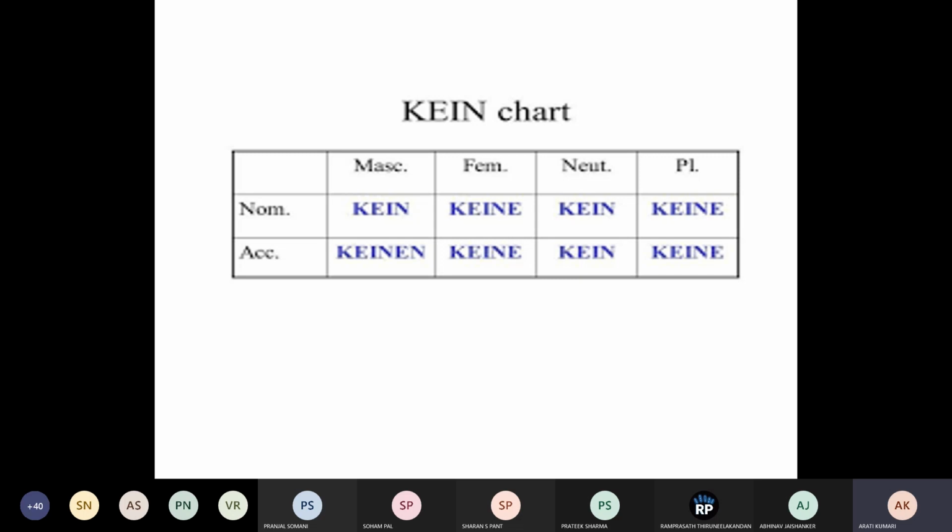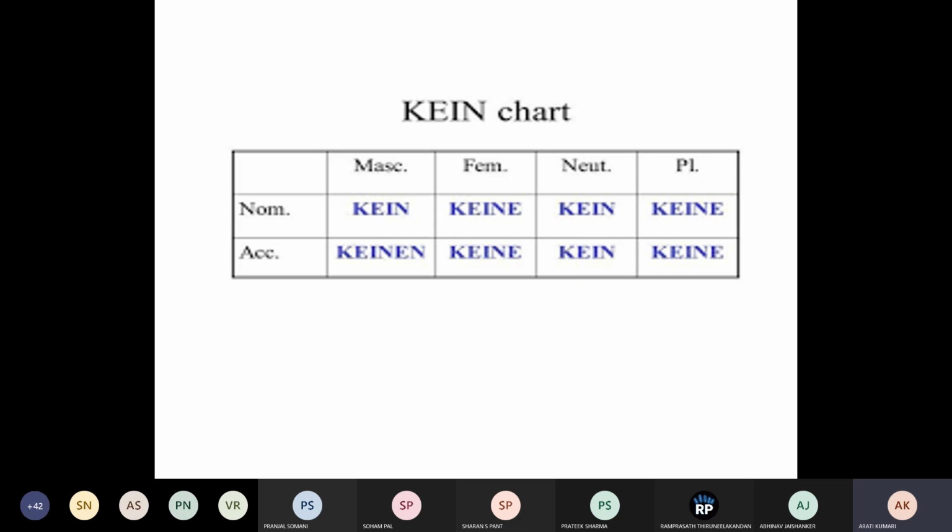It's also an indefinite article, but it's to negate. For masculine it is kein Mann. For feminine it is keine Frau. For neutral it is kein Kind.